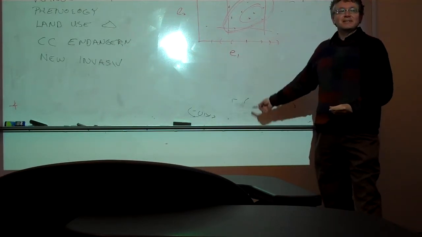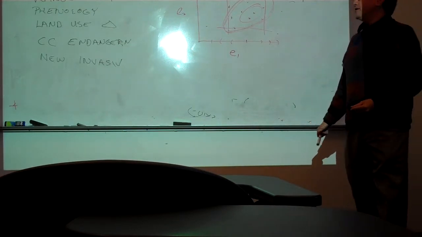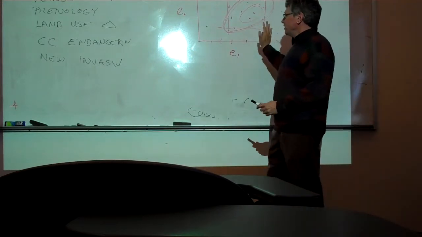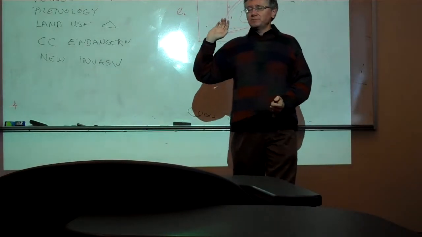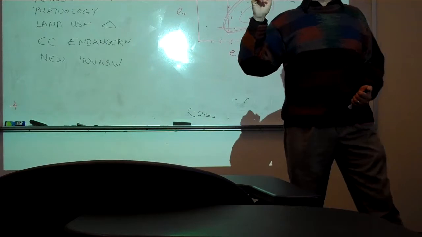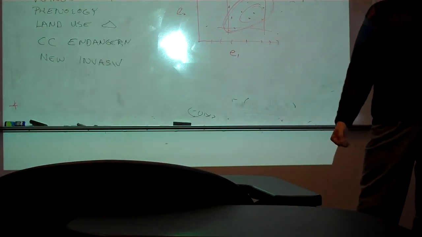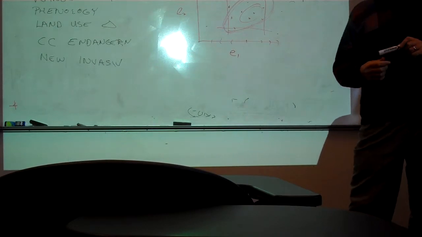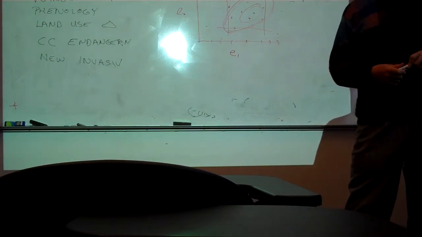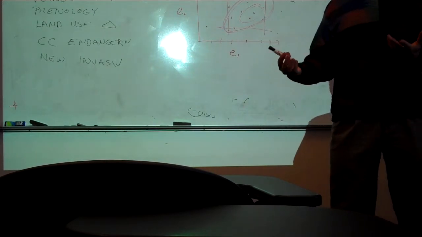In terms of statistically how you decide, in all of these approaches to species distribution modeling, there's an attempt to do validation. And typically, if you're not going to go out and collect new data, you would do cross-validation.